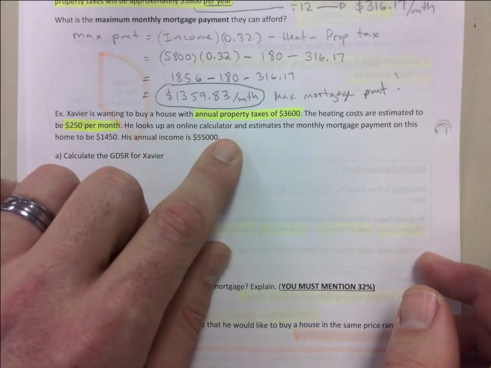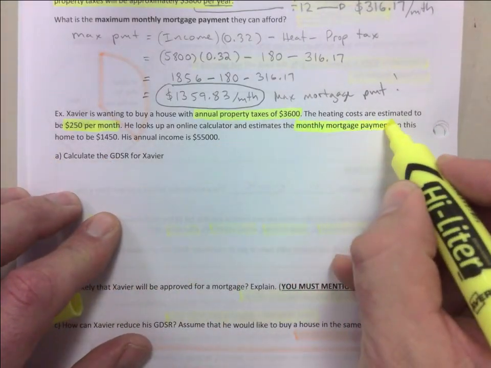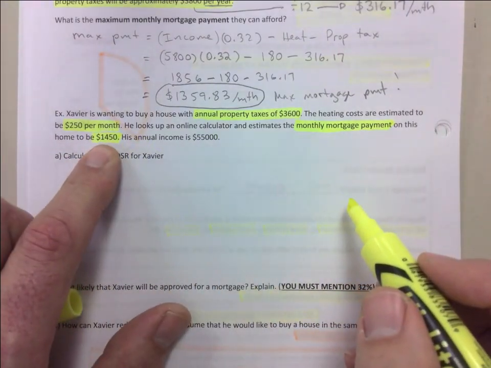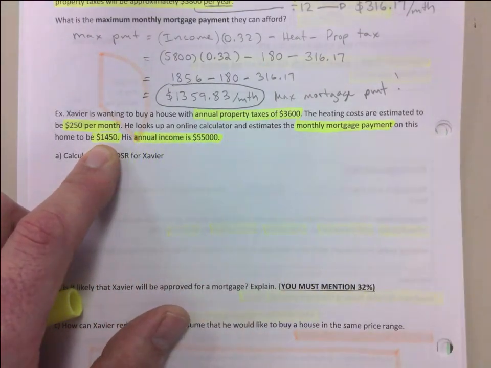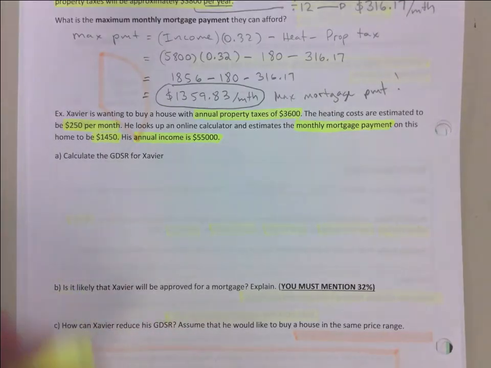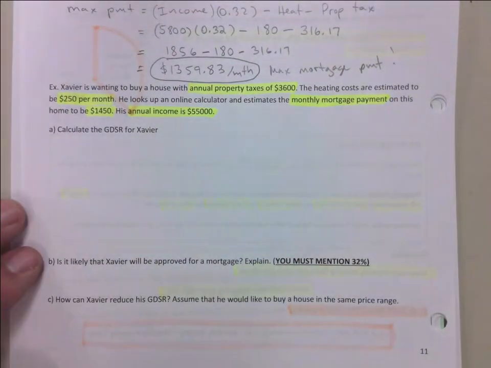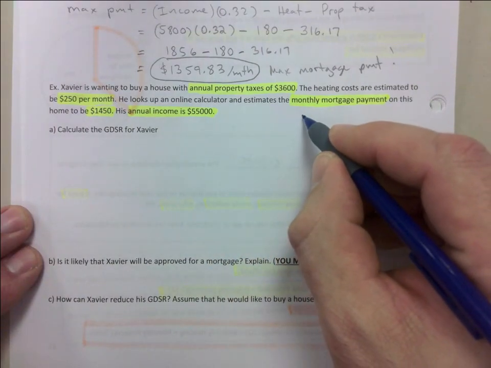He looks up an online calculator and estimates that the monthly mortgage payment is $1,450. And his annual income is $55,000. So watch what's going to happen here.